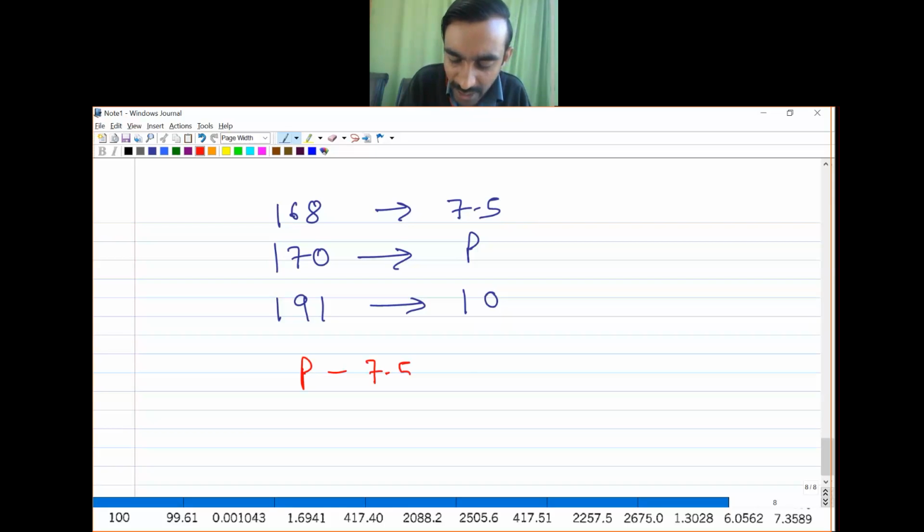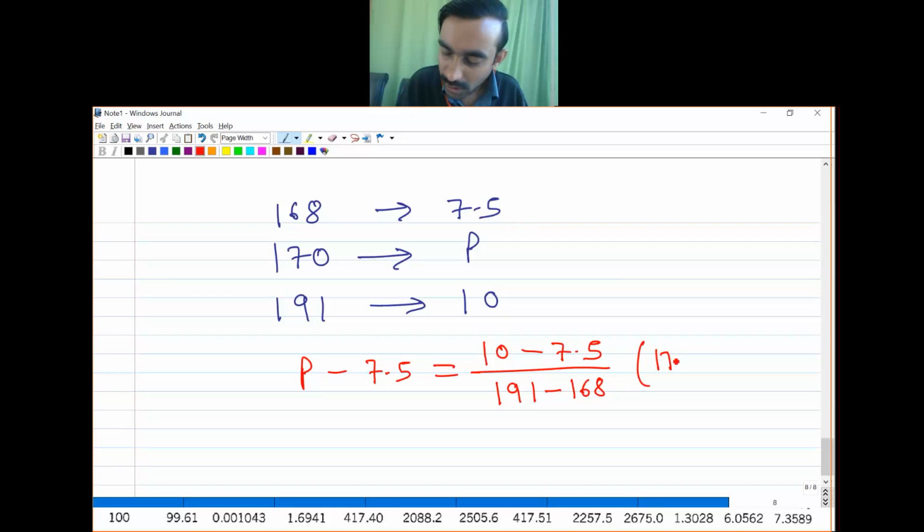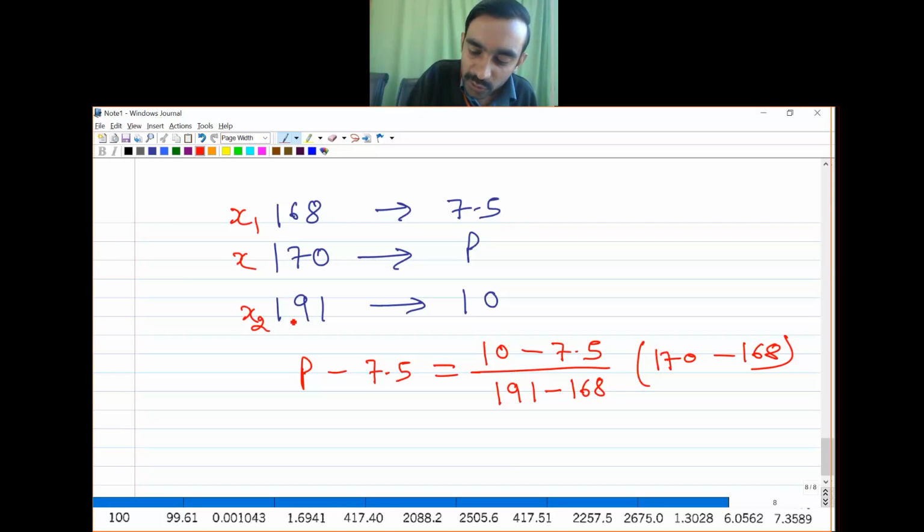So I can write P minus 7.5 will be equal to 10 minus 7.5 divided by 191 minus 168, into 170 minus 168. Here I am taking these as x1, x, x2, and the corresponding pressures are P1, P, and P2.